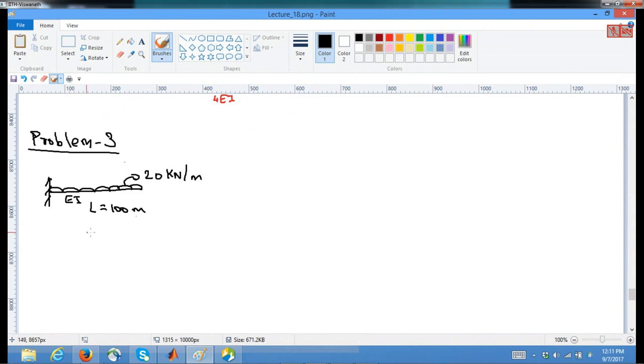So now let us try to solve this problem in several ways. The first one is one element solution.